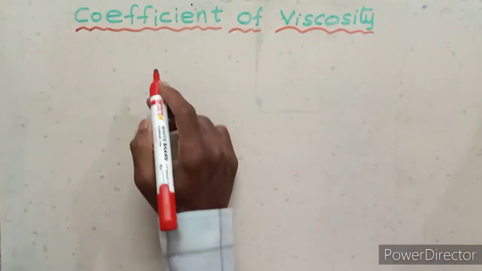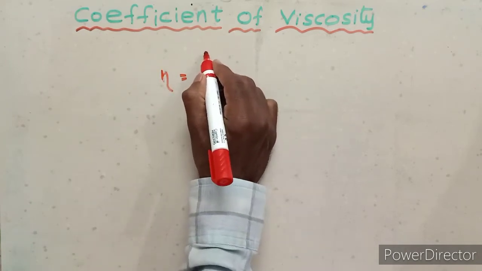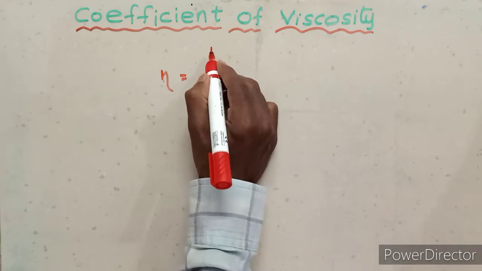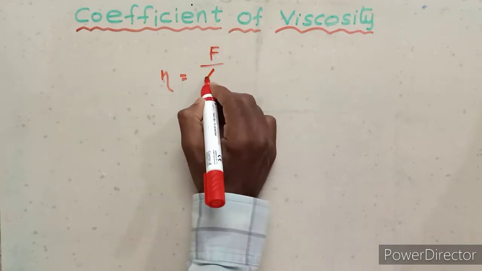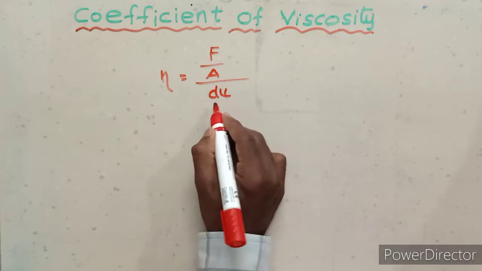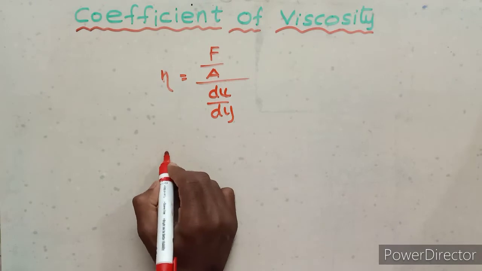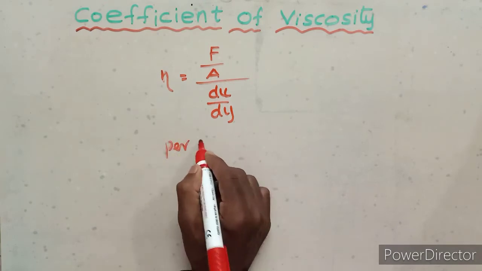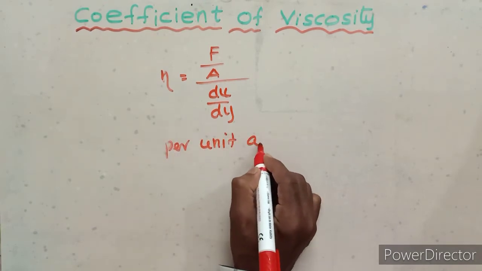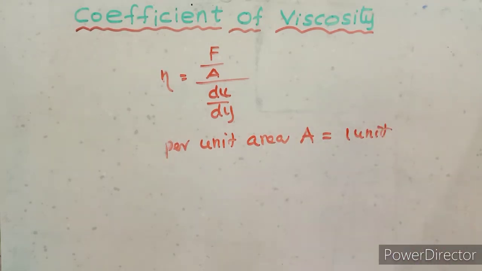First of all, formula eta, the tangential force upon area per velocity gradient. This is the definition. Per unit area A equals to 1 unit.